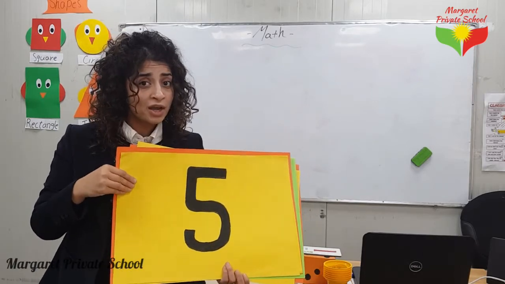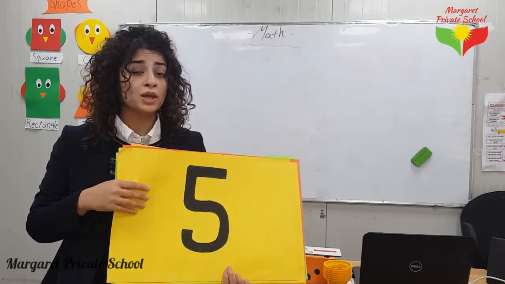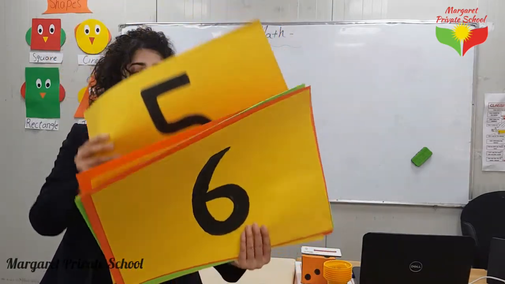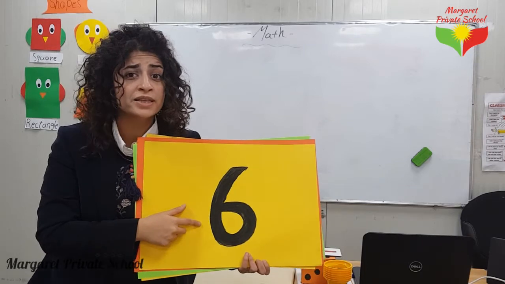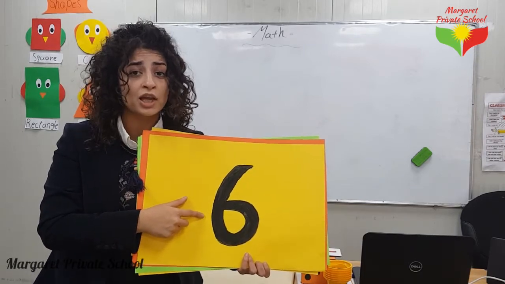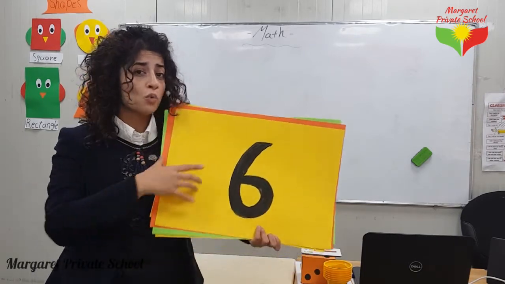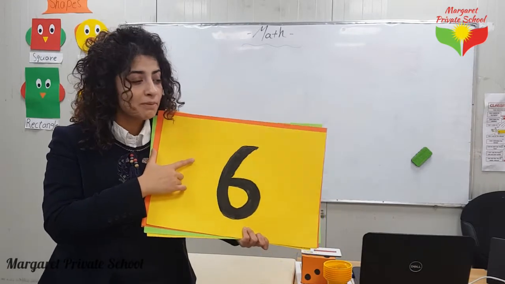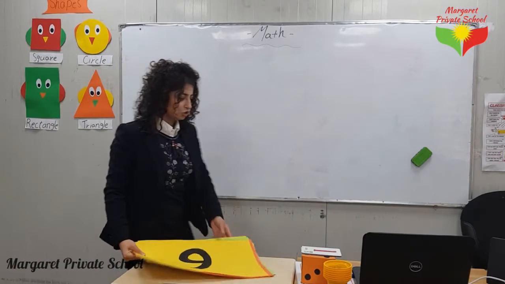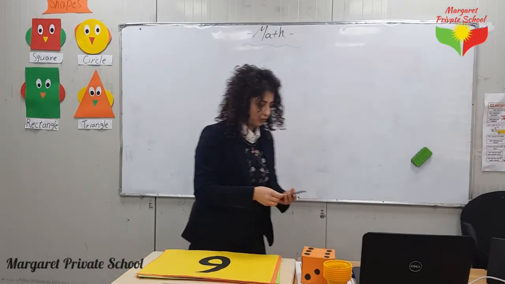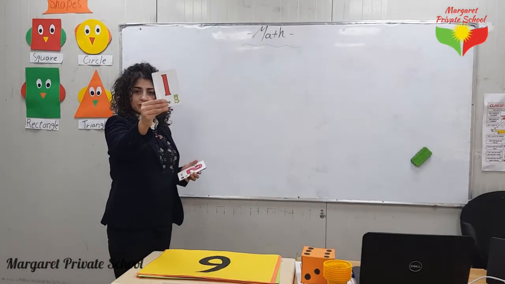After number 5, from the previous lesson, we learned this new number. Which number is it? This is number 6. Can you repeat after me, all of you? What's this number? This is number 6. Excellent, great job. And so, what's this number?